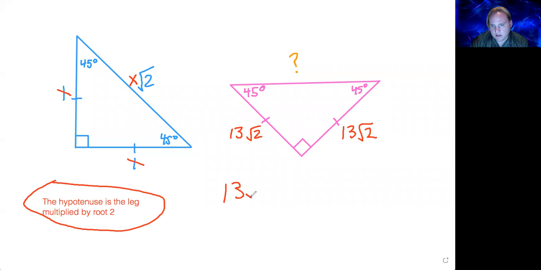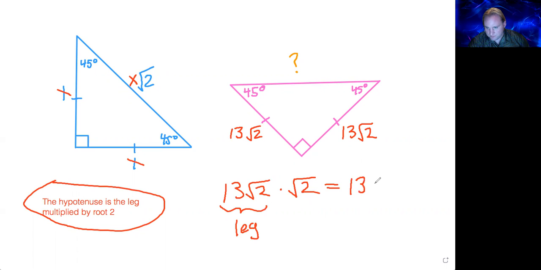So this is the leg times root 2. And what happens when we multiply two with the same roots? Well, we just get the same number back. You could think about this as being 13 root 4, which is 13 times 2, or 13 times 2 right away.